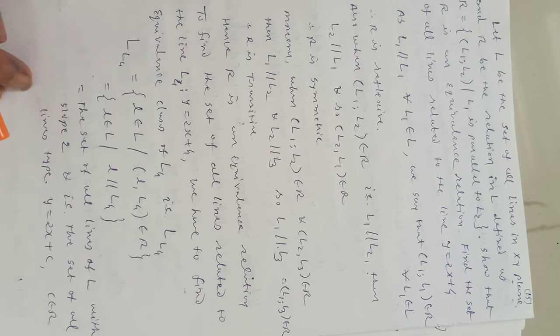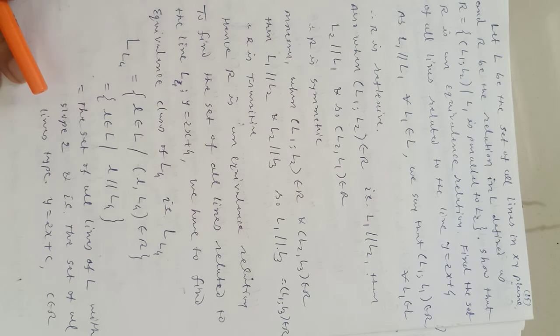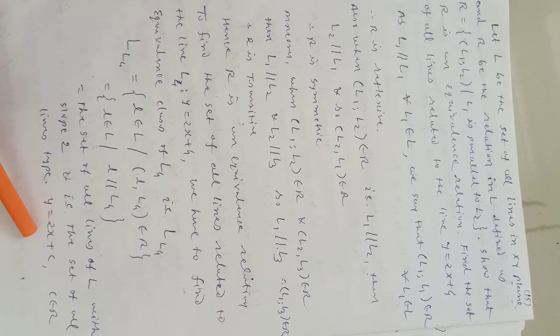Clear? So the equivalence class of the line y equals 2x plus 4 is nothing but all lines having the same slope 2. Then and only then they are parallel, because parallel lines have the same slope. So remember, the required set is all lines of the type y equals 2x plus c.